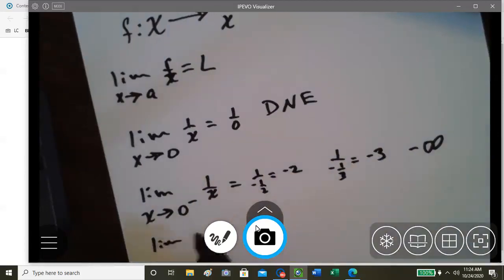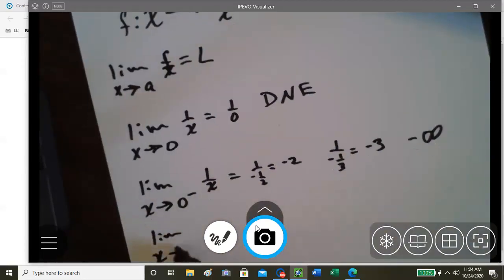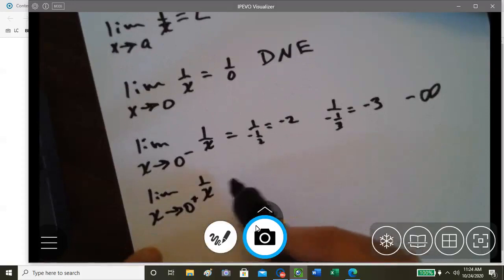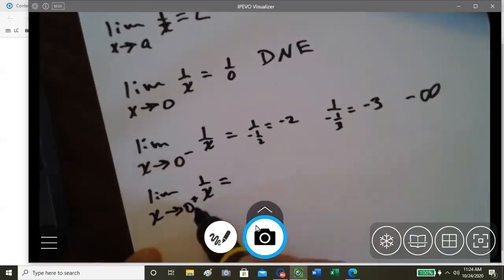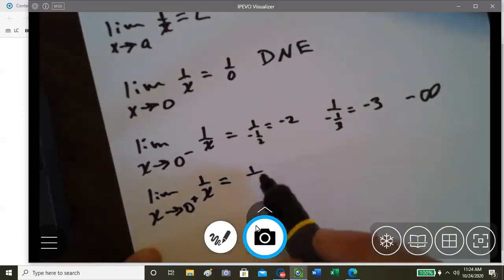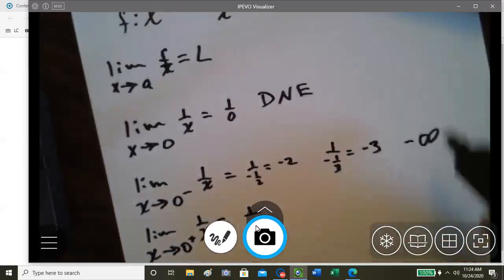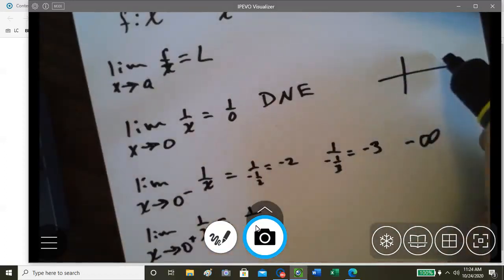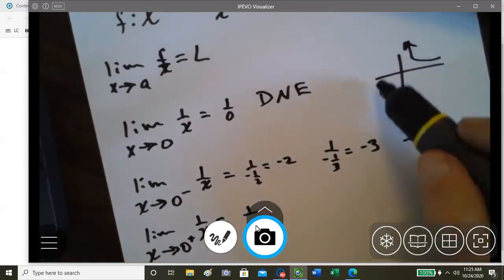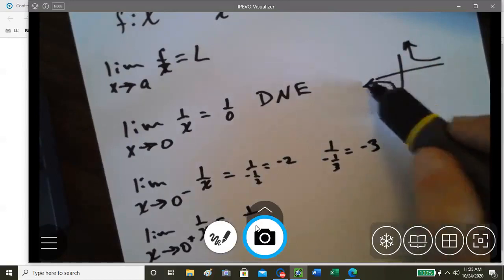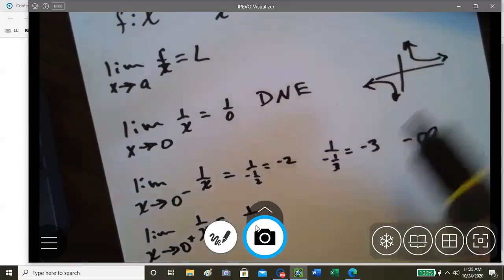And so as x approaches 0 from the right for 1 over x, you're going to get positive numbers. So you're looking at your function basically as a reciprocal graph.